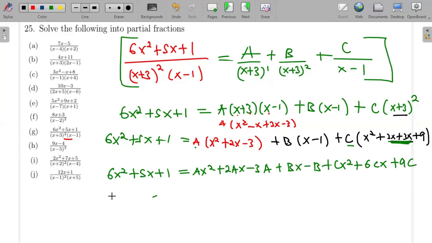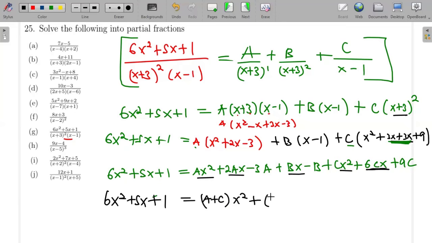So 6x squared plus 5x plus 1 is equals to: this one and this one have x squared, so that will be (a plus c) x squared. The ones with x are this one and that one, so that is (2a plus b plus 6c) x. Then I combine whatever does not have x: plus 9c, then minus 3a, then minus b.